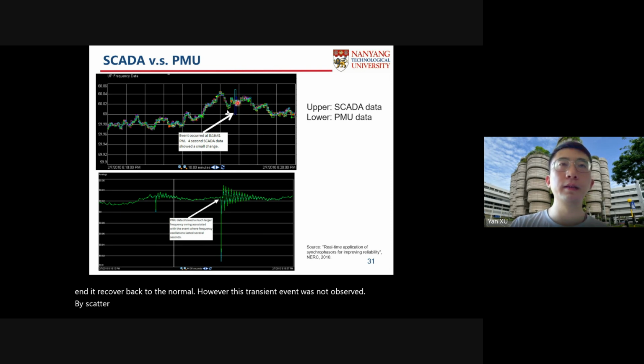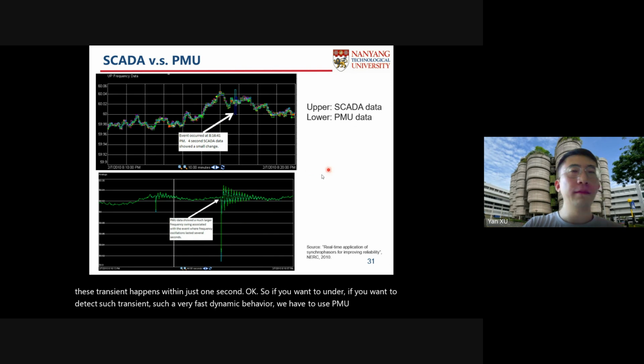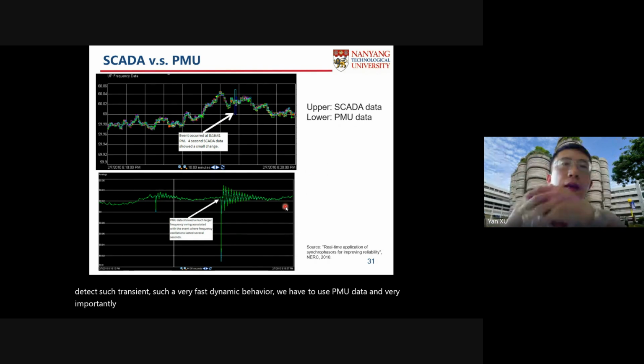However, this transient event was not observed by the SCADA system, because the sampling rate is too large, every 4 seconds, and this transient happens within just 1 second. If we want to detect such a very fast dynamic behavior, we have to use PMU data. Very importantly, if we only use the SCADA system, everything seems to be okay in terms of frequency.